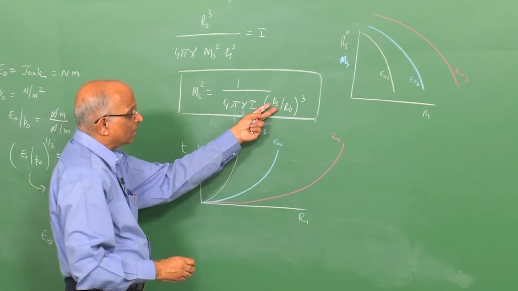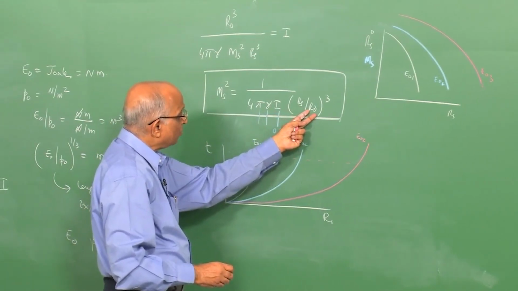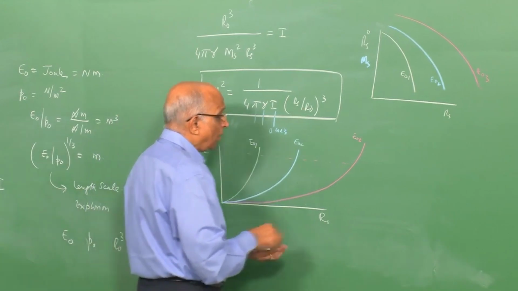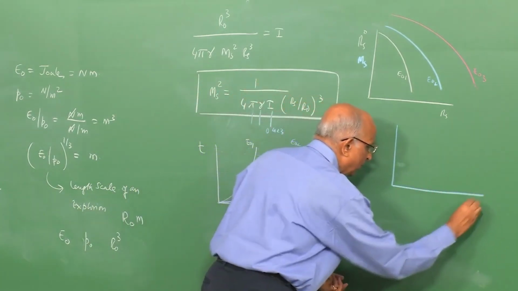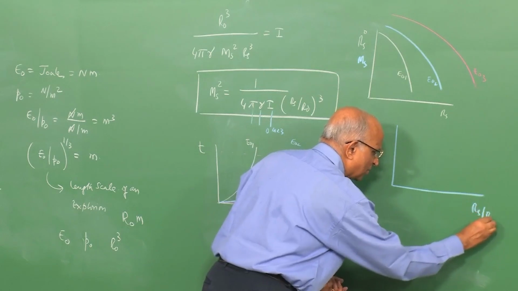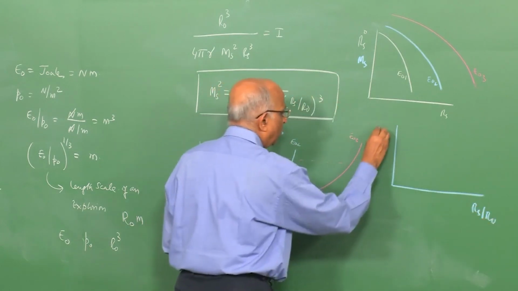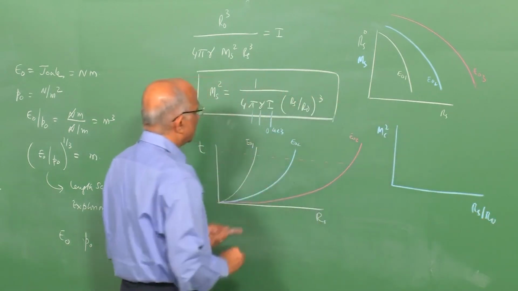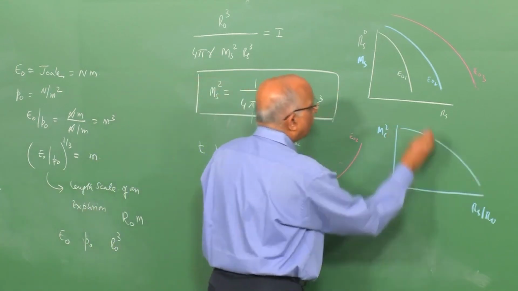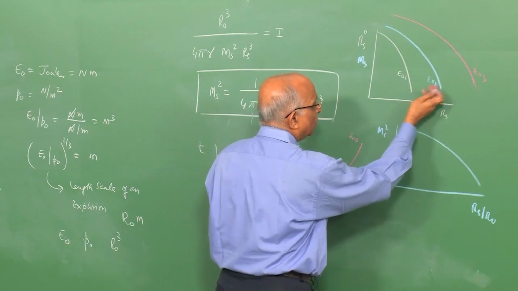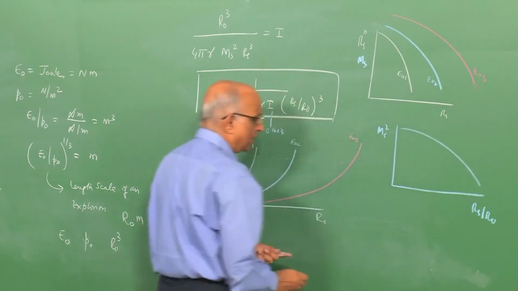What happens? Instead of using Rs, if I use the value of Rs by R naught, now I am able to convert this figure into a figure which says if I use the scaled distance Rs by R naught and I am looking at Ms square from this particular expression, I have a single curve for the values of E01, E02, E03, irrespective of the energy release.